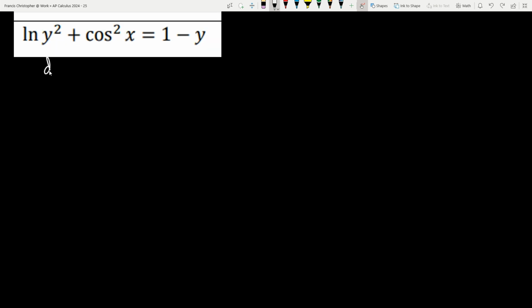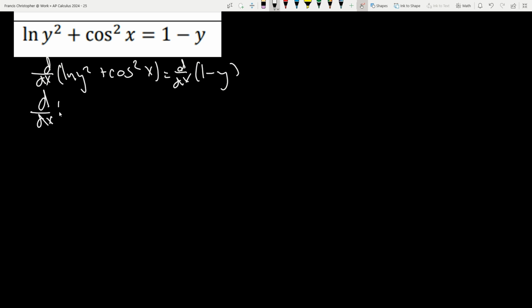This one, take the derivative with respect to x on both sides. Ln y squared plus cosine squared x equals the derivative with respect to x of 1 minus y. So here you might realize that this is simplifiable. So this is d dx, and if you recall your natural log rules, like natural log of x cubed, I bring down the power, so 3 ln x.